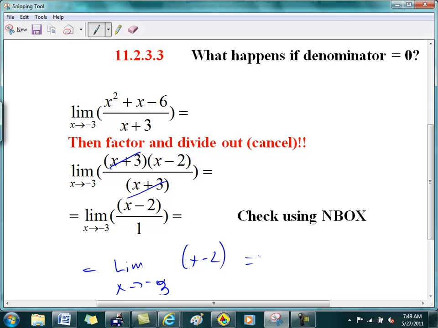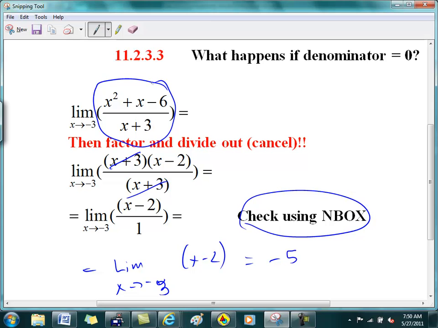For polynomials, there's never an issue because there's no denominator, so you can always plug it in. This one would give you -5. I'm asking you to check using the n box: put this in your graphing calculator, graph it, and follow the process we laid out yesterday.